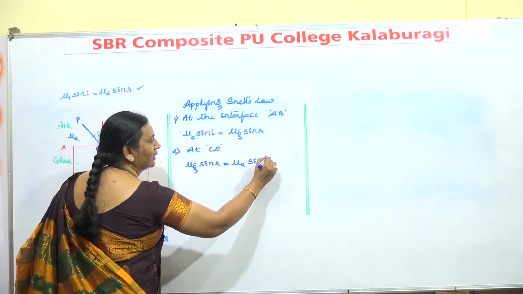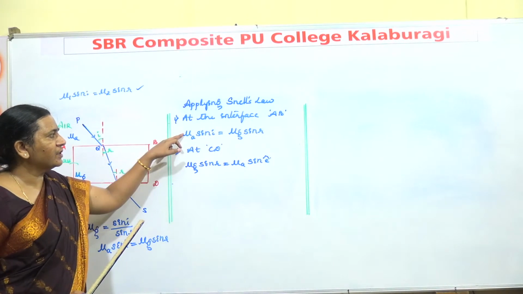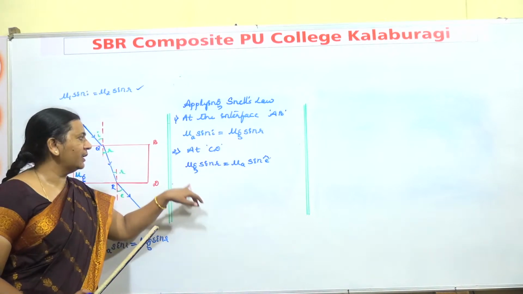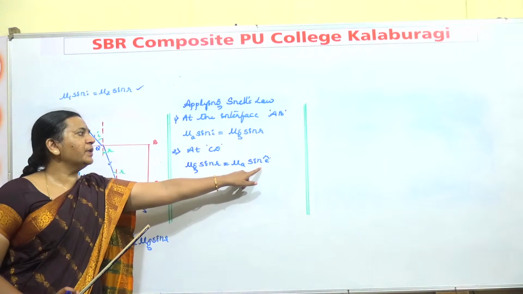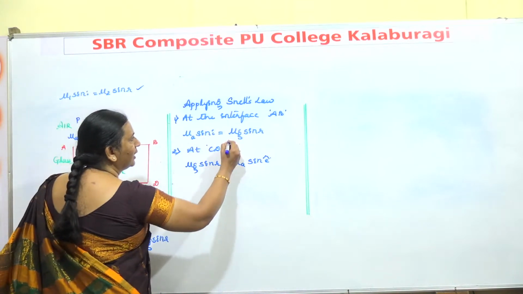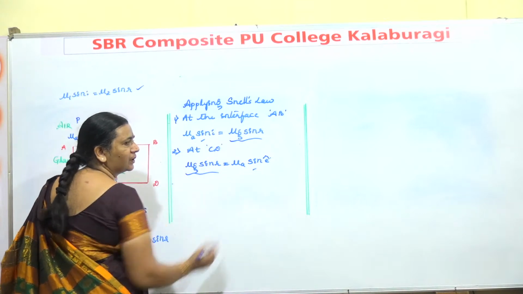Okay, you can write like this. But observe these two equations. Mu A sin i is equal to mu G sin r, and here also mu A sin e is equal to, once again, mu G sin r. Since both are equal to mu G sin r, these two should be equal.